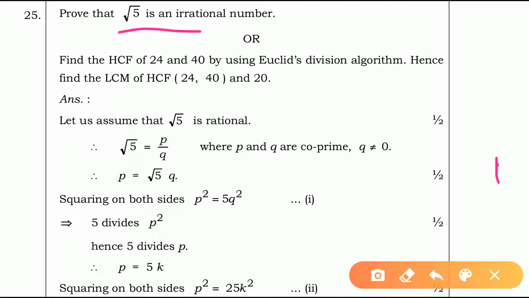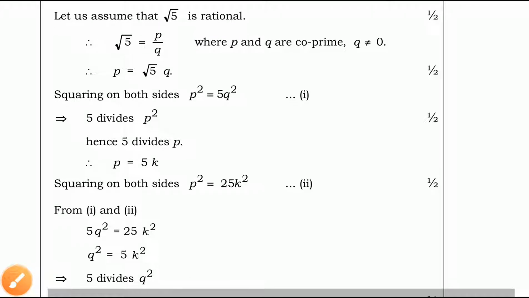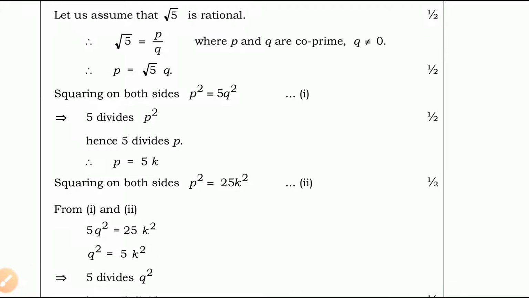Now, first we have to prove that root 5 is an irrational number. Let us assume, by using the contradiction method, that root 5 is rational.